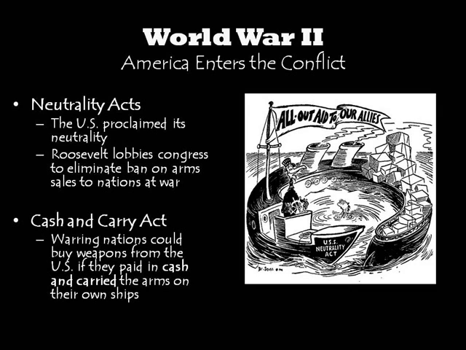This act prevented the U.S. from supplying arms, ammunition, or implements of war to nations in conflict. Congress would then pass additional neutrality acts in 1936 and in 1937. These were all designed to keep the country out of the conflicts that were brewing in Europe.